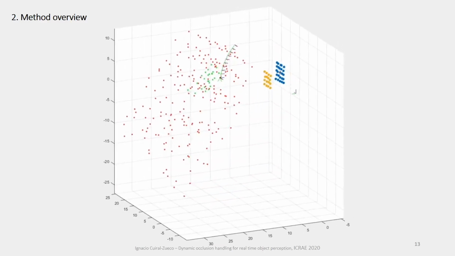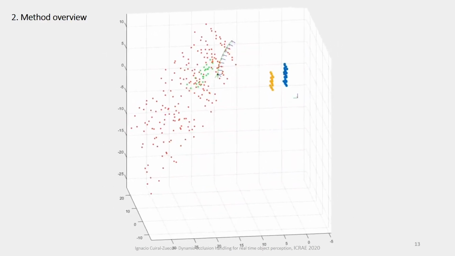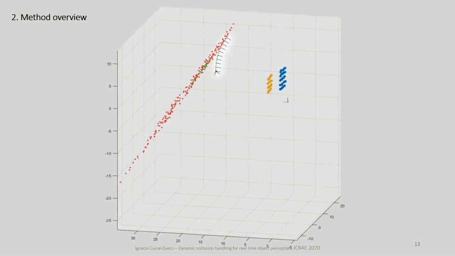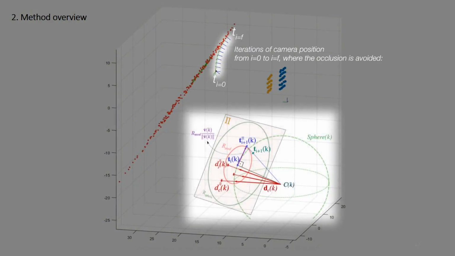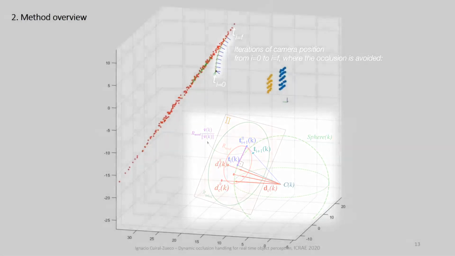You can also visualize all the iterations that allow me to escape from those red points, the initial position and the final position, which would be the solution, that t sub i plus 1 contained in the sphere.